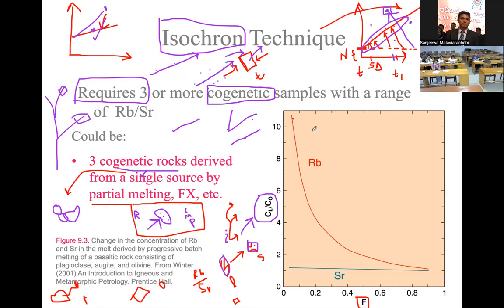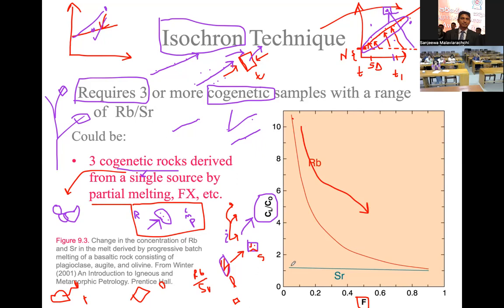Rubidium being the parent isotope, all radiogenic nuclides accompanying it will be changing due to incompatibility like this. It's also an exponential type of variation. These are experimentally determined.